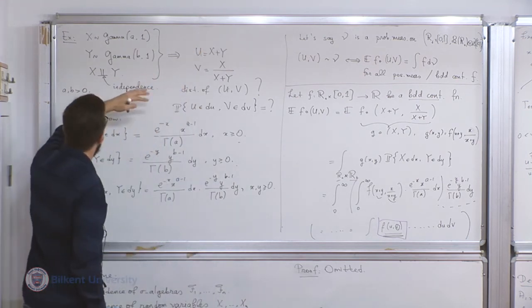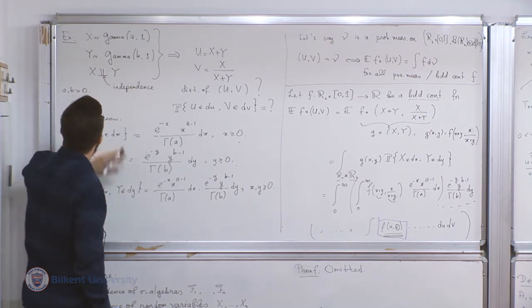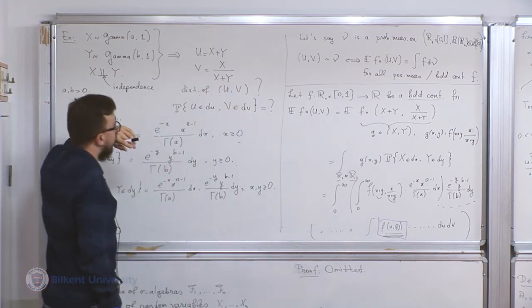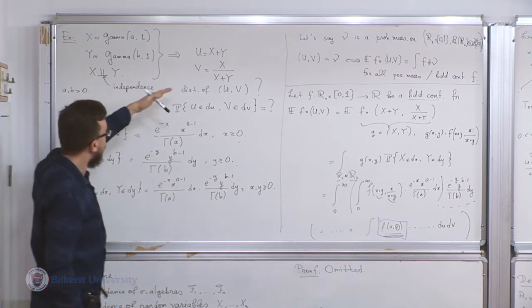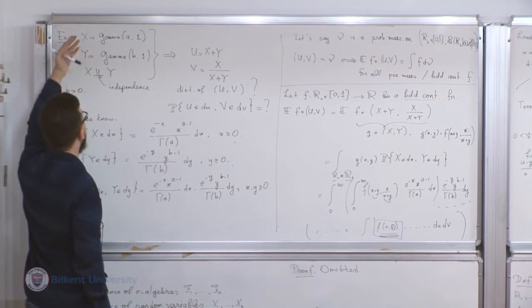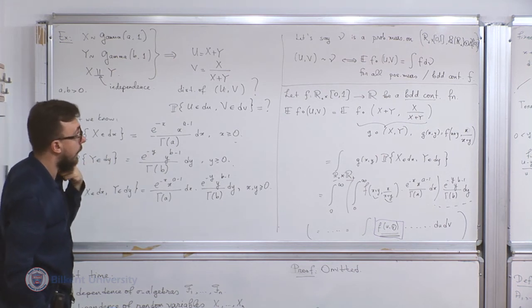So you can prove in a much easier way that x plus y is gamma with a plus b and 1. That has a much easier proof. But since you have a random vector out of another random vector, you need to work harder to get the distribution of this new vector. Okay?